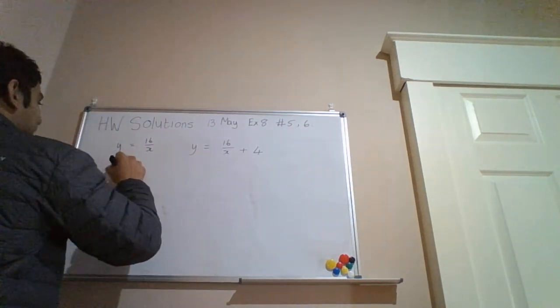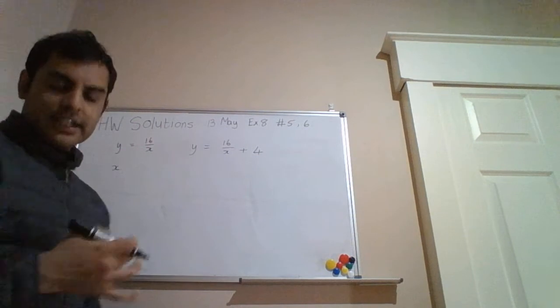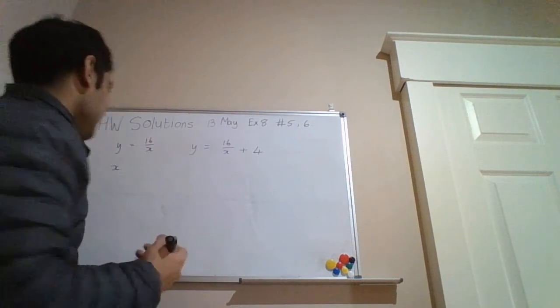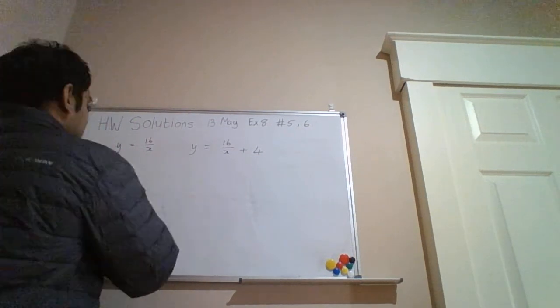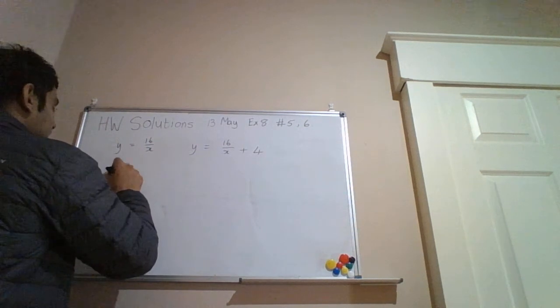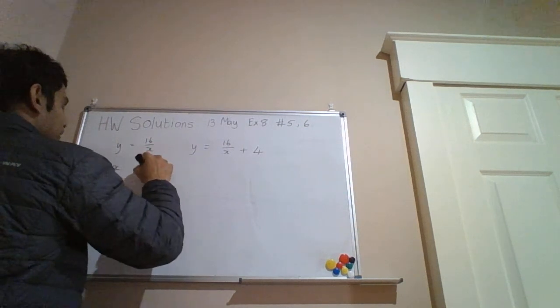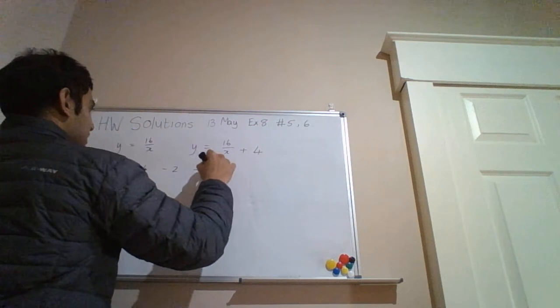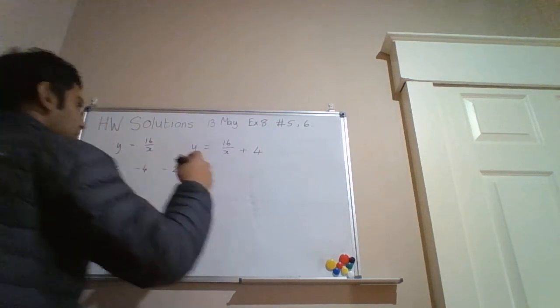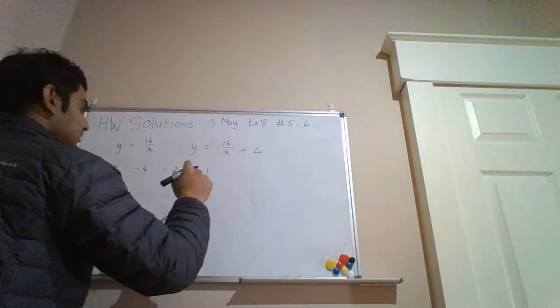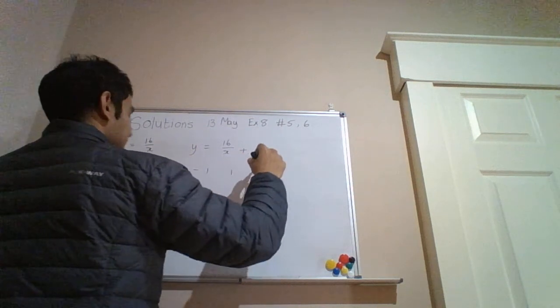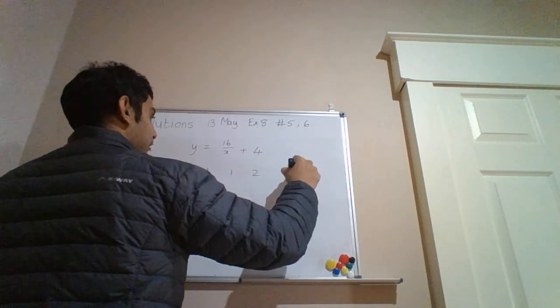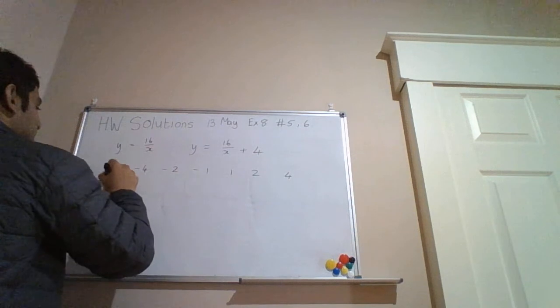So I'm going to pick points for x that are going to make my life a little bit easier. I'm going to pick minus 4, minus 2, minus 1 for my negative values, and I'm going to mirror it 1, 2, and 4 for my positive values.